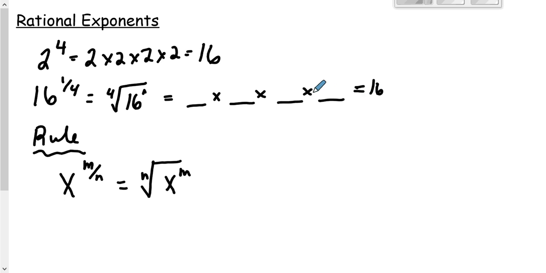So what number do you multiply by itself 4 times to give you 16? Well, that number would be 2. So 16 raised to the power of 1/4 is equal to 2.